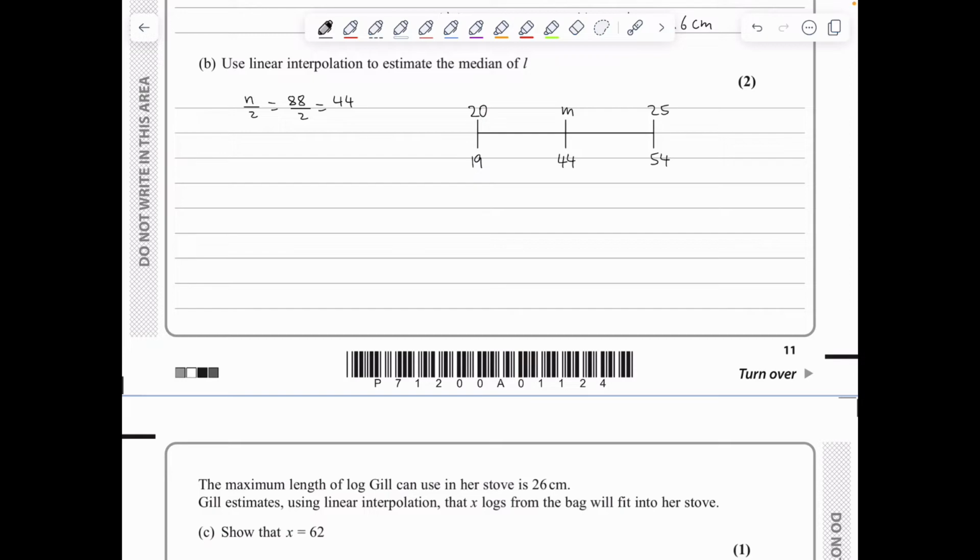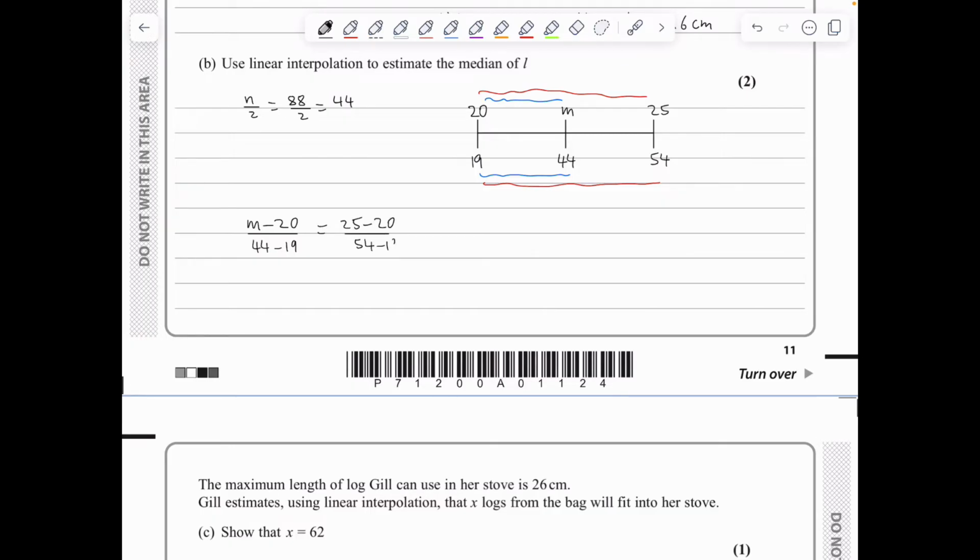To do that, I'll be doing M minus 20 over 44 minus 19 is equal to 25 minus 20 over 54 minus 19. So let me write this down. We've got M minus 20 over 44 minus 19 is equal to 25 minus 20 over 54 minus 19.